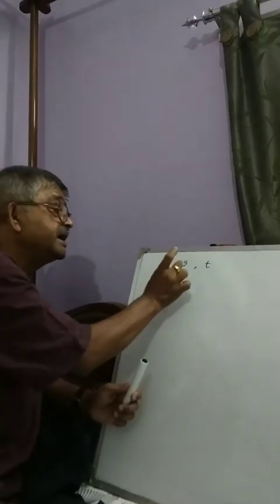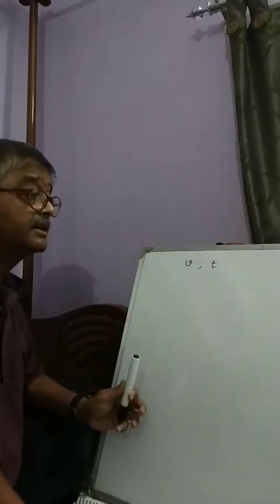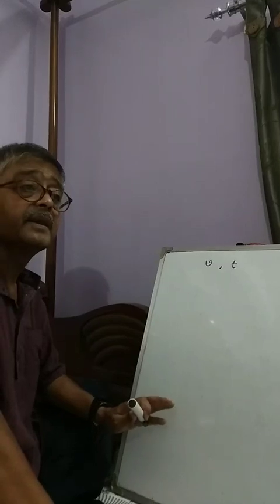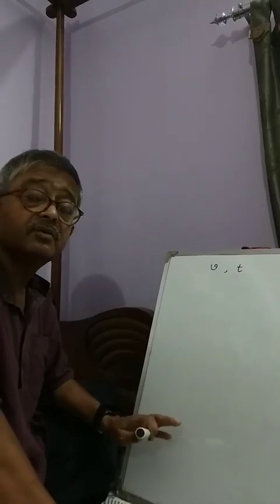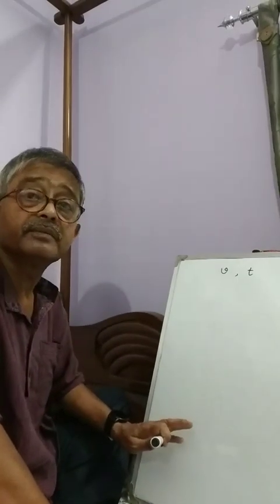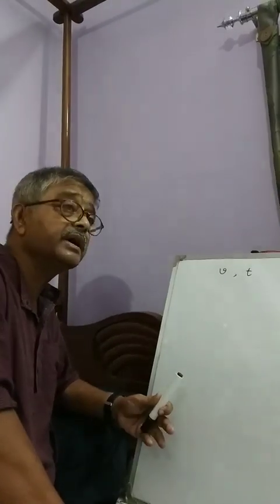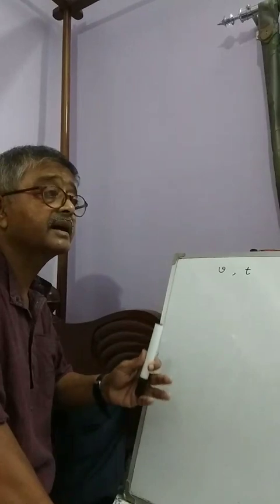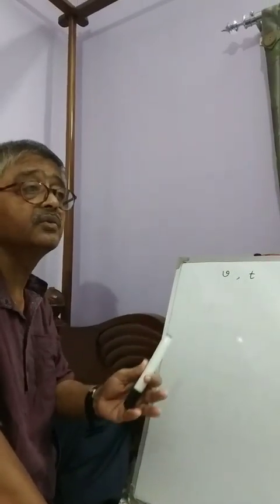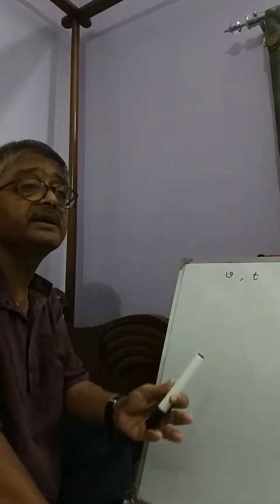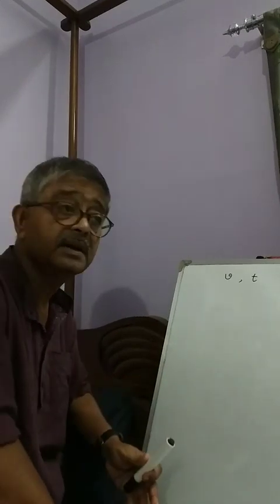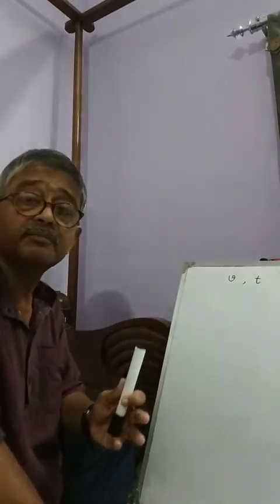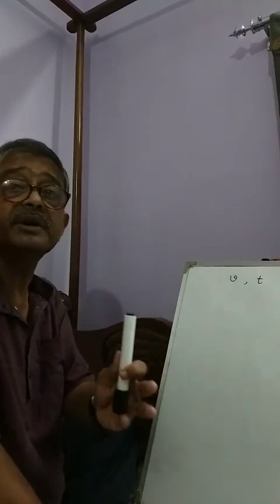Here v is uniform, that means velocity will not change with respect to time. If we say that a car is moving with uniform velocity 20 km per hour, that means in 1 hour the car moves 20 km.